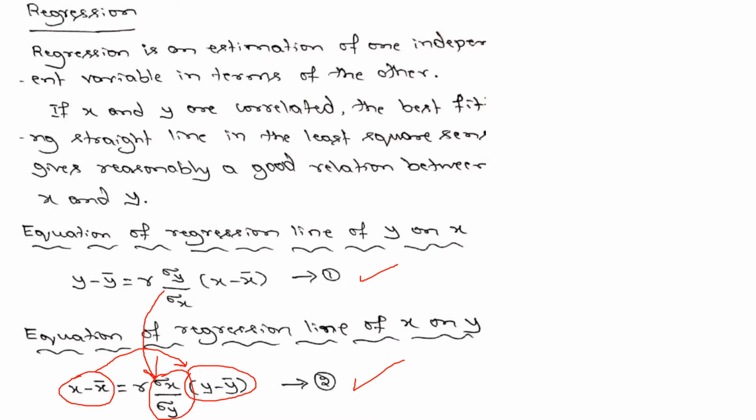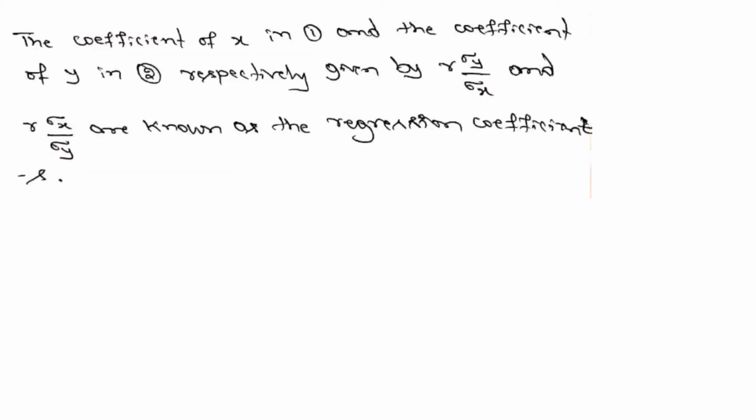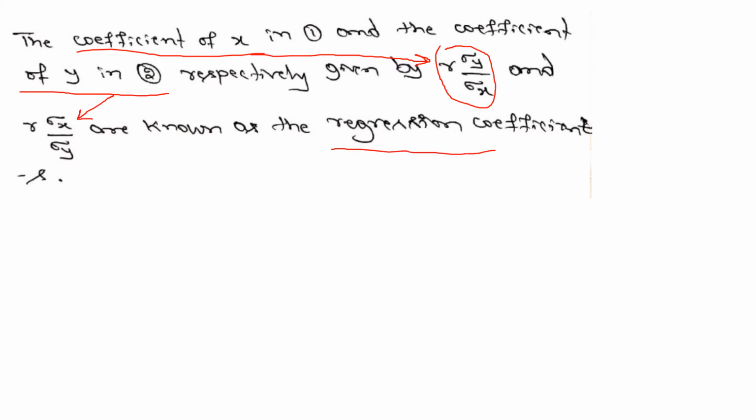So these are the changes between these two lines. In the previous form of the lines of regression, the coefficient of x in equation 1, which is given by this, and the coefficient of y in equation 2, given by this, are known as regression coefficients.